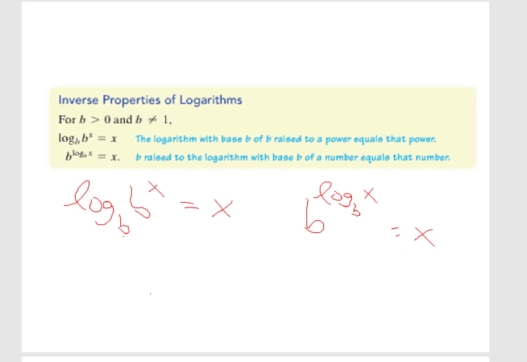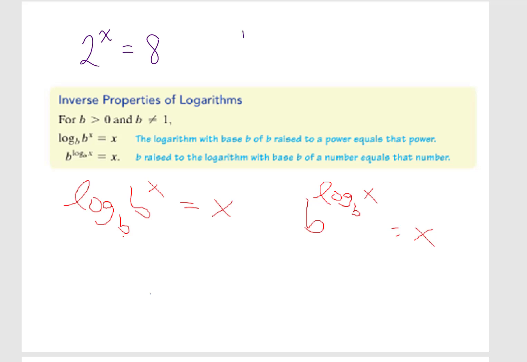So on the first one, log base b of b raised to the x power is naturally going to be equal to x, and I'll explain that here in a second. It says the logarithm with base b of b raised to a power equals that power. Well, remember, if I have 2 raised to some power equals 8, so that's an exponential form, right?